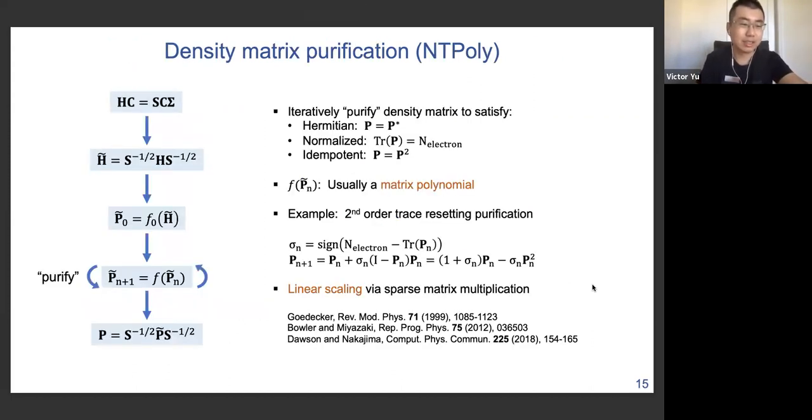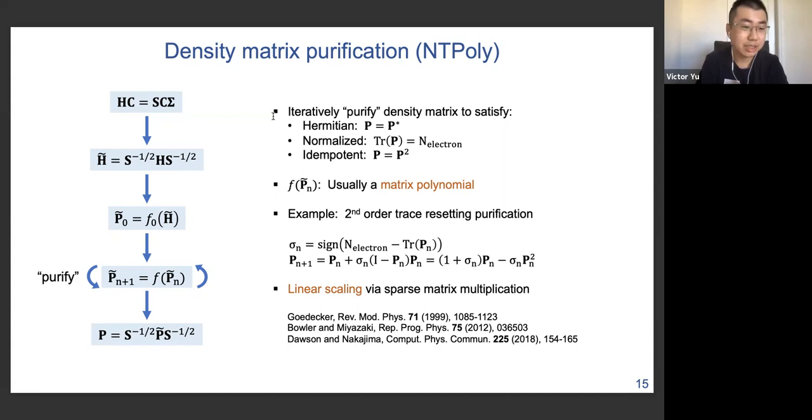Another density matrix algorithm which could work for a very large system is the so-called density matrix purification algorithm. It is an established method in the community. It was developed more than 20 years ago, but it was not very widely used until recently.